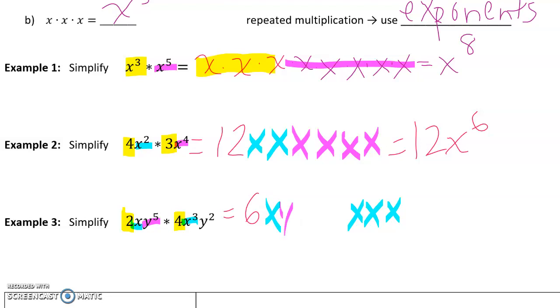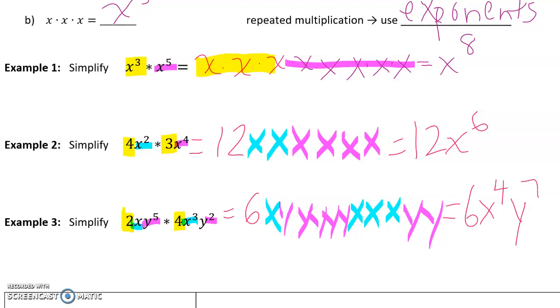We have 1, 2, 3, 4, 5. And then in the second one, we have 1, 2. Now, since this is all multiplication, we can say that this is 6. How many x's do we have? 1, 2, 3, 4. And then we have y's, 1, 2, 3, 4, 5, 6, 7. Y to the 7th.